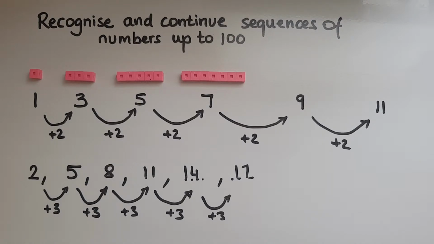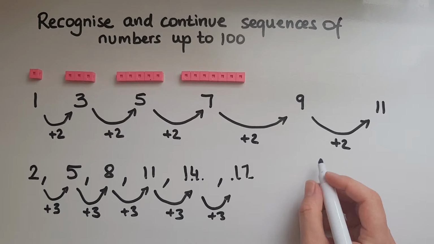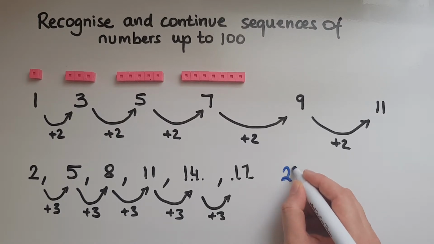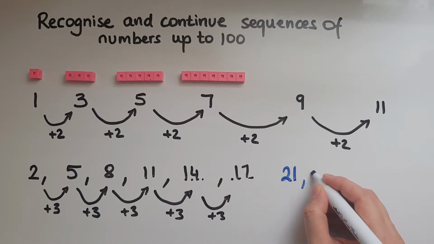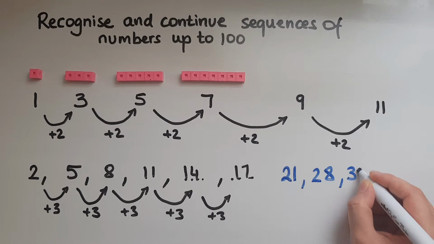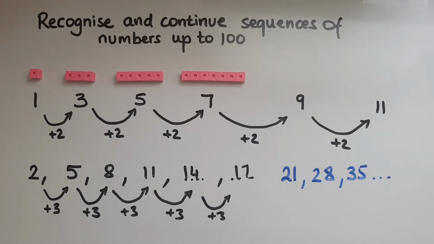But it doesn't have to be numbers like 2 and 3 added. It could be larger numbers, and I will include one here with some larger numbers. So to get from 21 to 28, we add in 7.